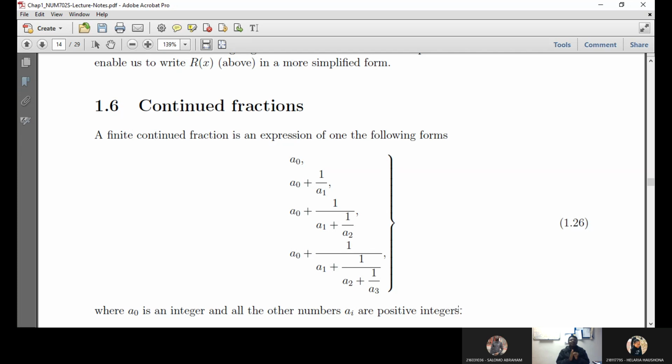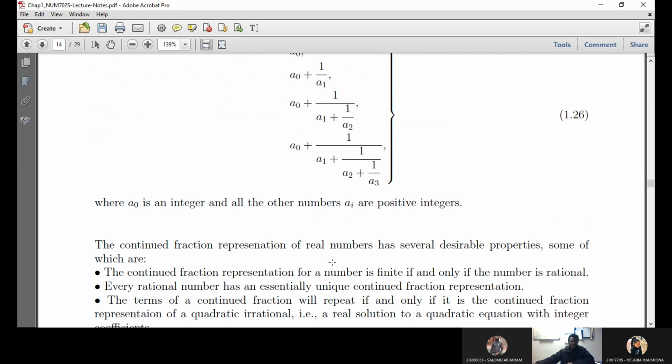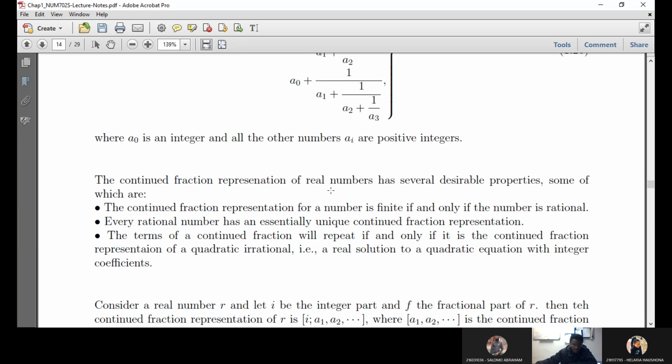Now, if your number is rational, you'll be able to write its continuous fraction this way, using a finite number of terms in your sequence. So let us look at the definition. The continuous fraction representation of real numbers has several desirable properties.